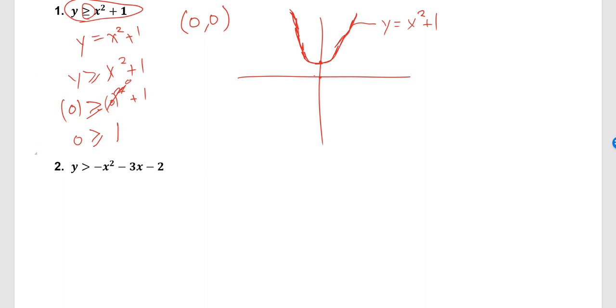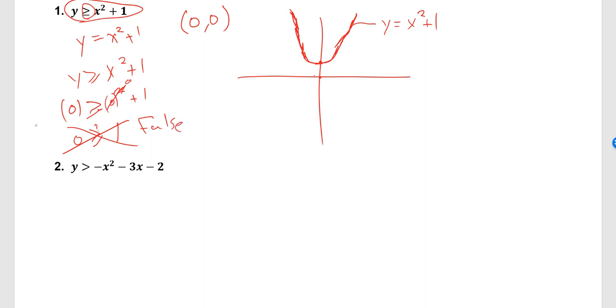I'm going to put a question mark over it to say that I am still testing it. Is 0 greater than or equal to 1? Well, no, it's not. It's not greater than 1, and it's not equal to 1. So this is a false statement.